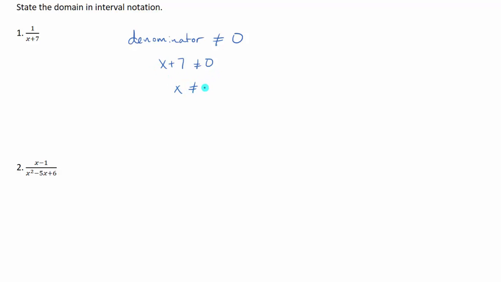I know that x cannot equal -7. Graphically, here's -7, and x can take any value except for -7. So in interval notation, we'll write -∞ to -7, union -7 to +∞.